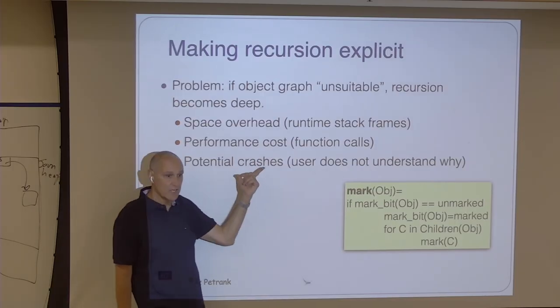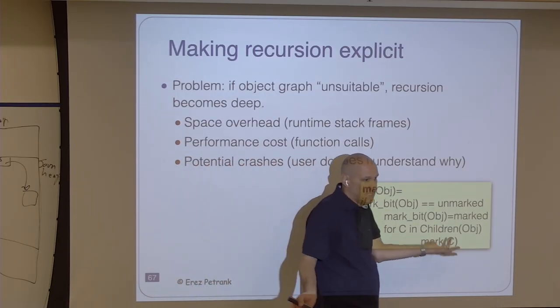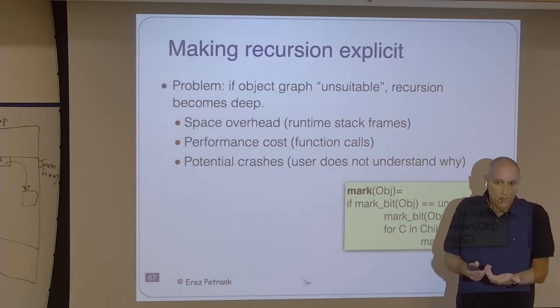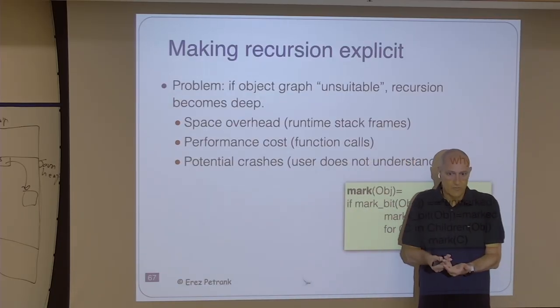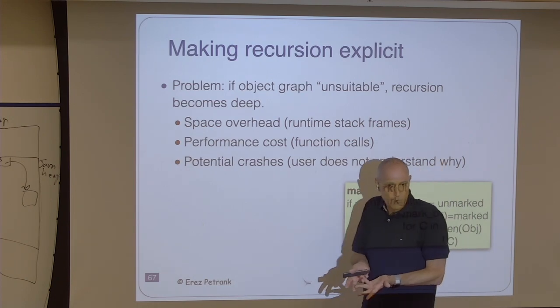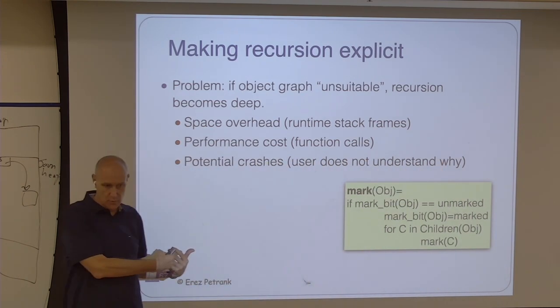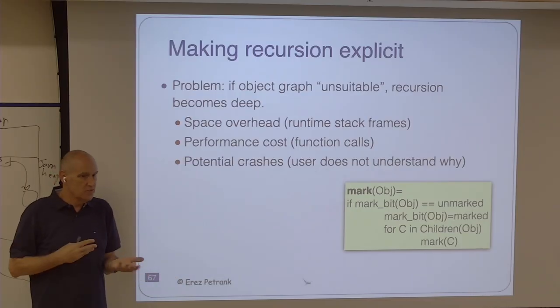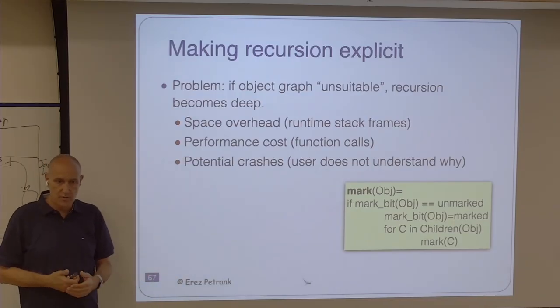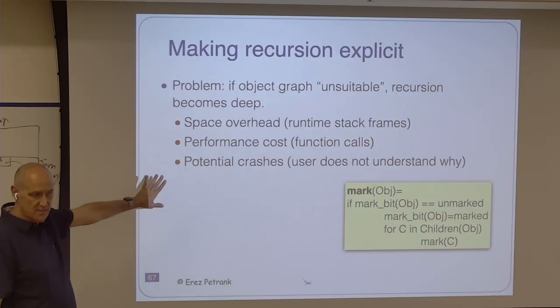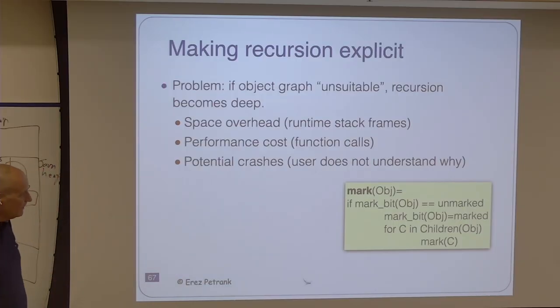There are potential crashes because the stack may overflow, and then what the user sees is stack overflow. They have no idea why it happened. It happened because of the way you implemented mark-sweep, and there's no way to debug such things. So this is really bad, and it is not used in practice.